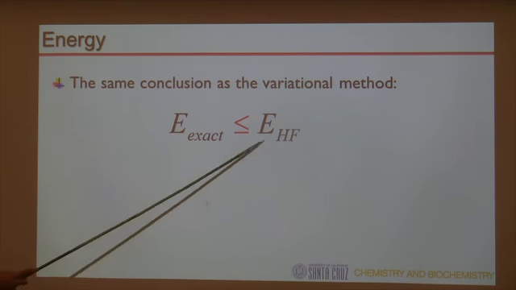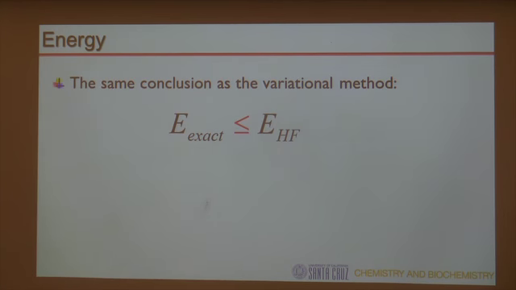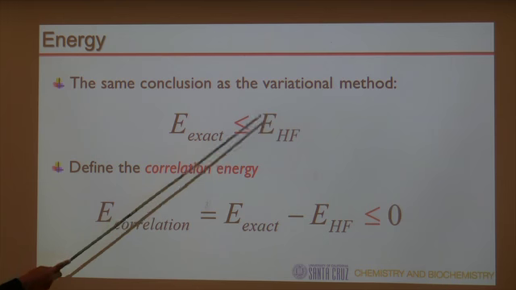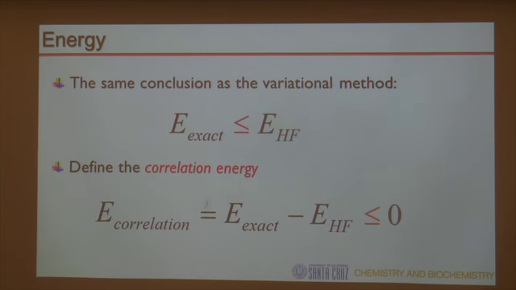So then we define the correlation energy as the difference between the exact energy and the Hartree-Fock energy. So naturally there will be this relationship: either negative or equal to 0. Okay. And again, once E exact equals E HF, it simply means you get the right eigenfunction. You just use the right eigenfunction to do the measurement.